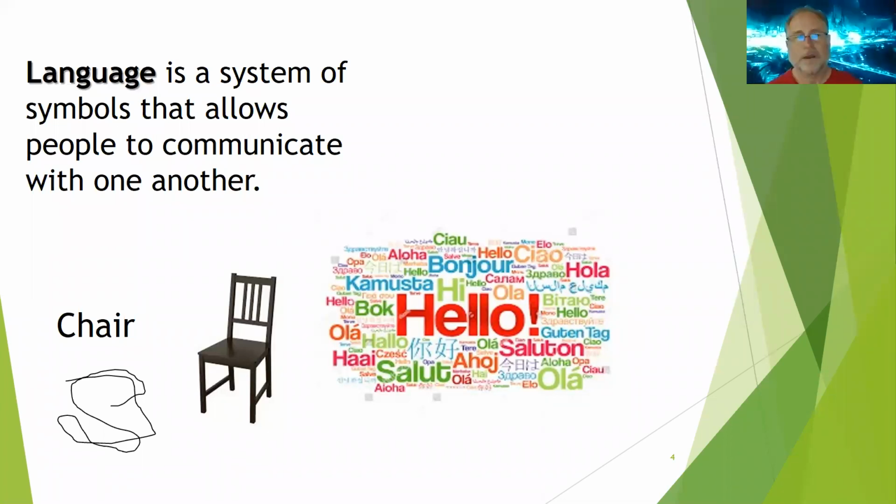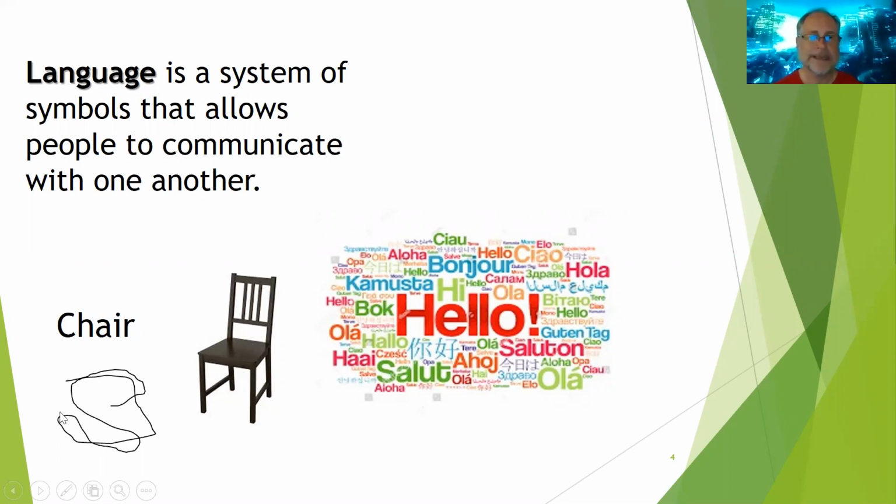So take the word that I have in the bottom left-hand corner as an example, chair. In English, a chair is a symbol for the picture that I have to the right-hand side of a chair. We all know what a chair looks like.